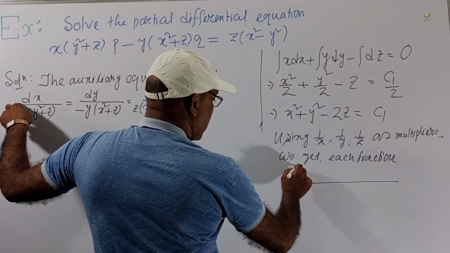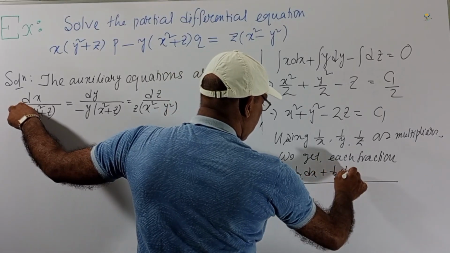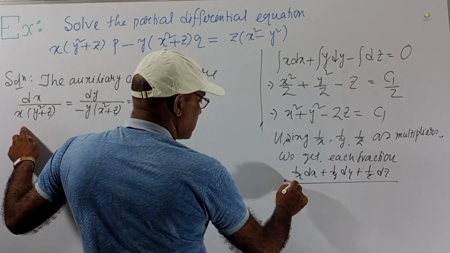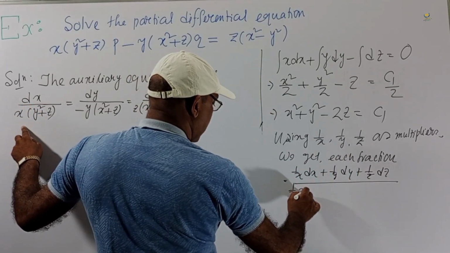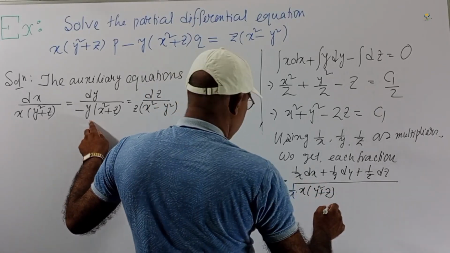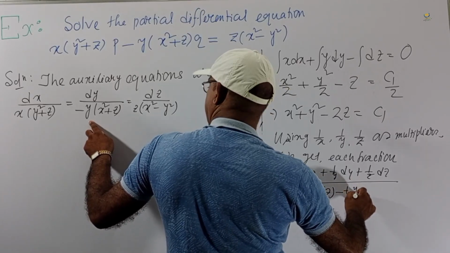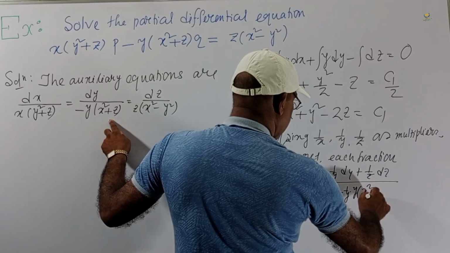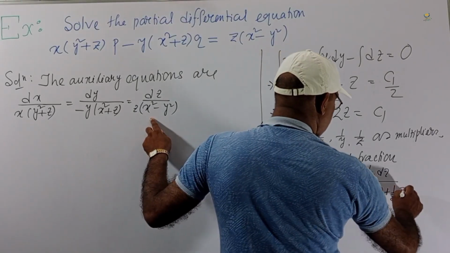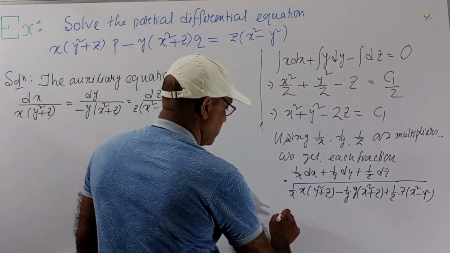this is 1 by x dx, 1 by y dy, 1 by z dz. This is 1 by x into x into y square plus z, minus 1 by y into y into x square plus z, 1 by z into z into x square minus y square.